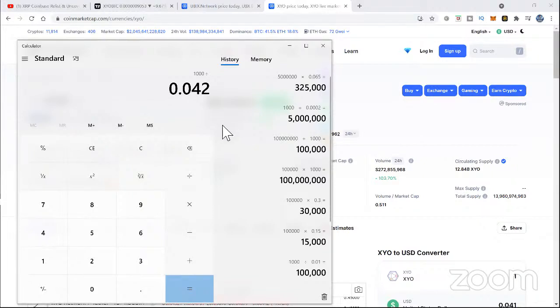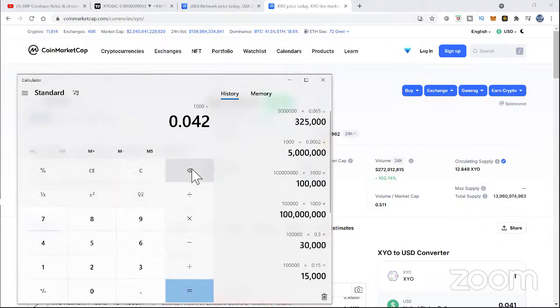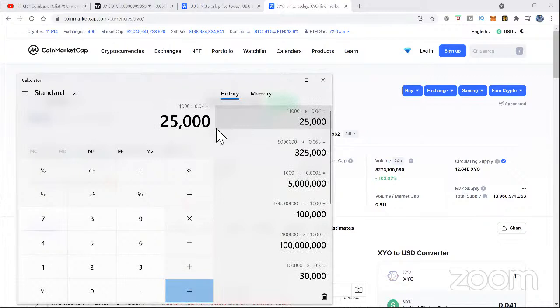We're just gonna range it at 4 cents. You get 25,000 coins, 25,000 shares, and then you multiply that times 20 cents. So that's $5,000. So that's a 5x on it from where it's at now. That is not bad at all, guys.